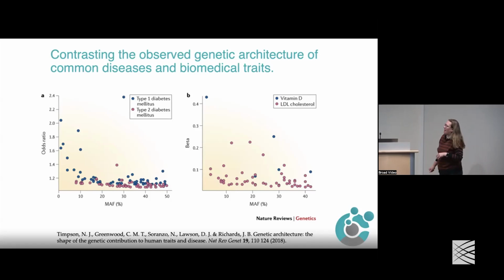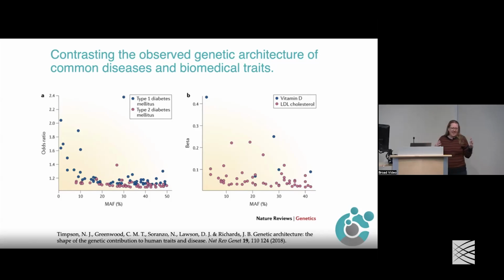On the right-hand side, we have vitamin D levels and LDL cholesterol. Here it's showing that vitamin D level may be a less heritable trait. There are fewer variants associated with vitamin D level in this particular figure, and many more associated with LDL cholesterol.